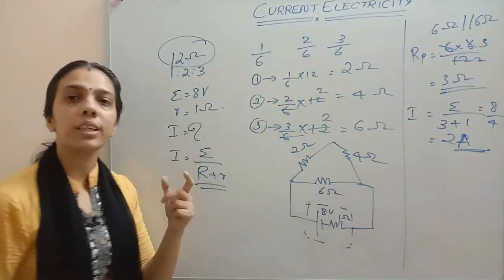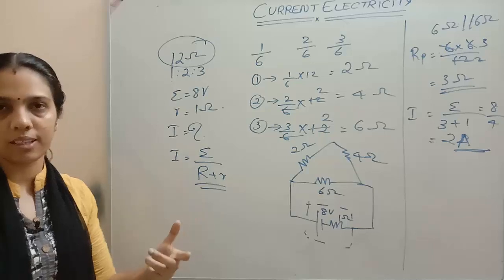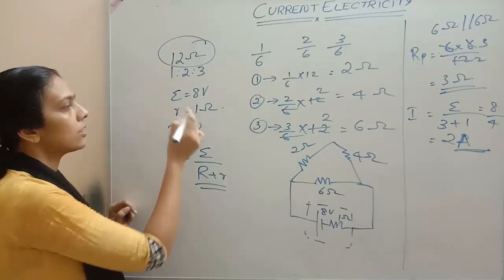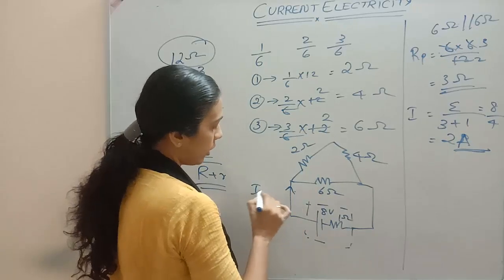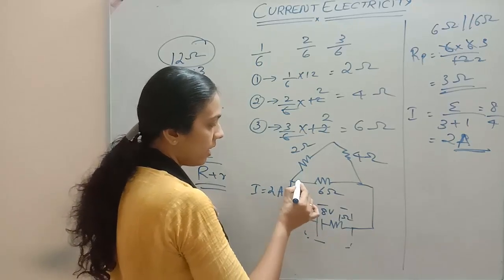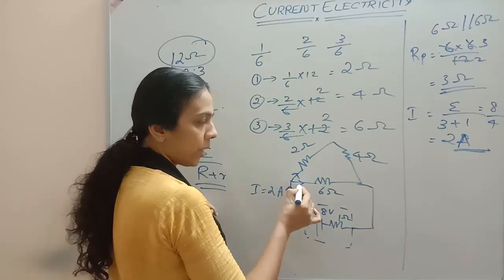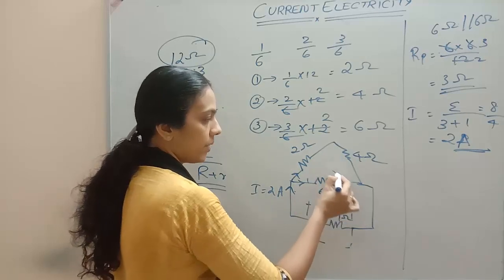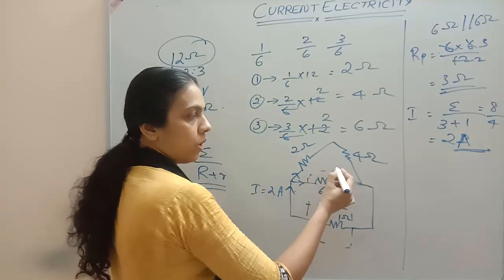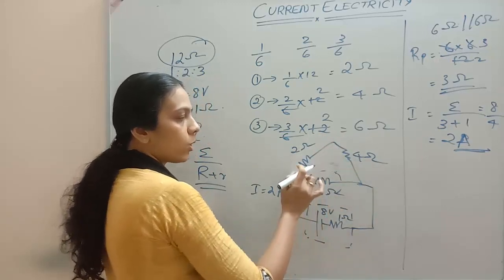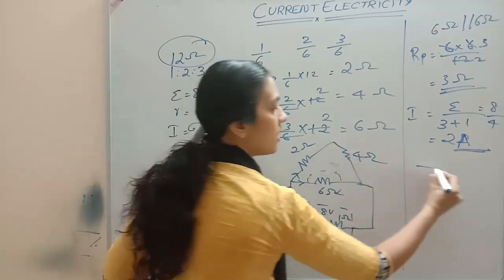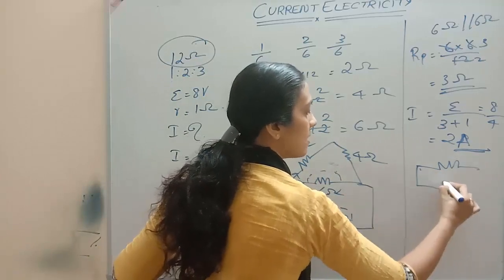We need to find out the current across each part. Each part of the circuit means, here the current I equals 2 ampere is coming, and it will divide into 2 parts, right? One part of the current will go across this one. How much current will it be? Here this is 6 ohm and this is 6 ohm.